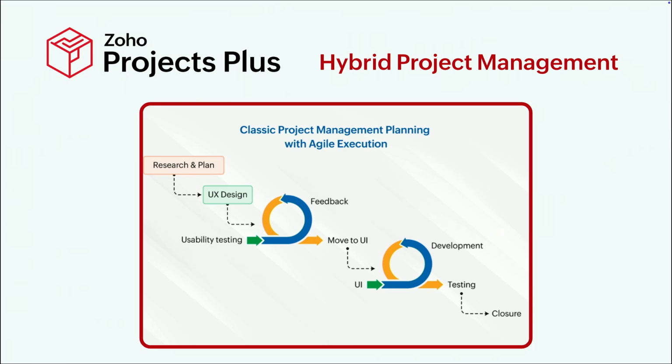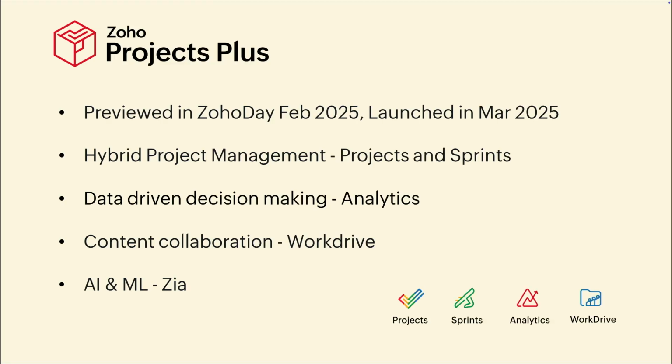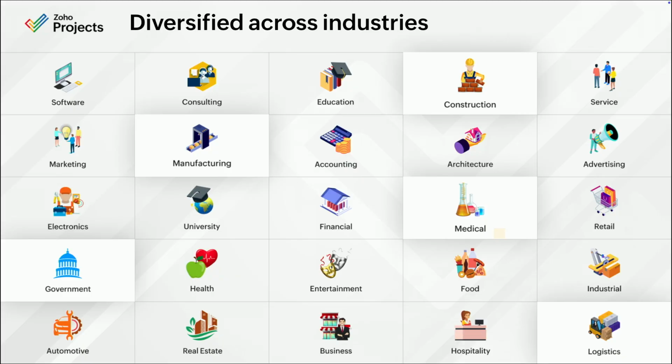It's a unified platform with data intelligence. What I mean by data intelligence is it combines 4 apps: projects, sprints, analytics, and work drive. So the data from projects and sprints gets added to a common work drive, and you have AI and ML as part of Projects Plus as well.